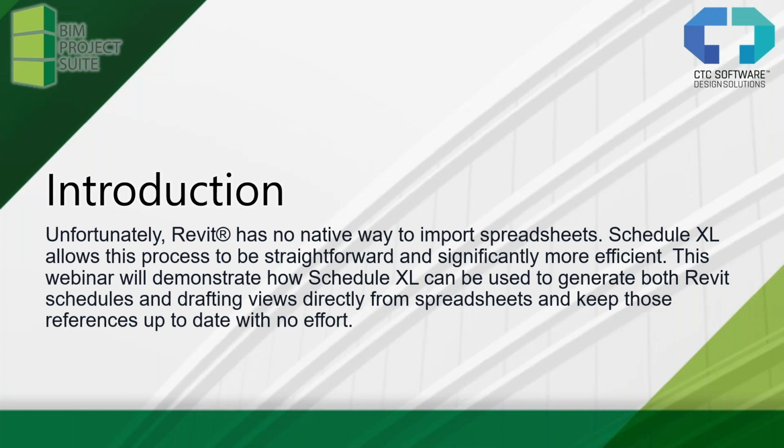And now we're linking AutoCAD into our Revit drawings when, at least in my opinion, we're trying to avoid doing that if possible. So in this webinar today, I'm going to show you a tool, Schedule Excel, that will allow you to do that, whether it's a schedule view or a drafting view.